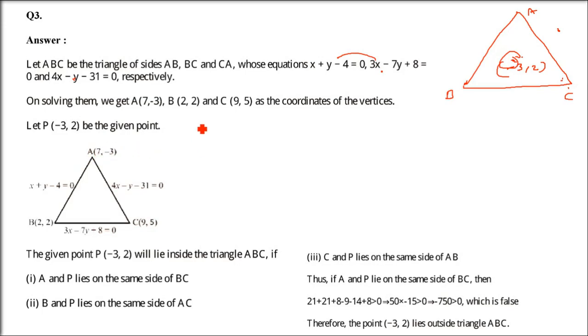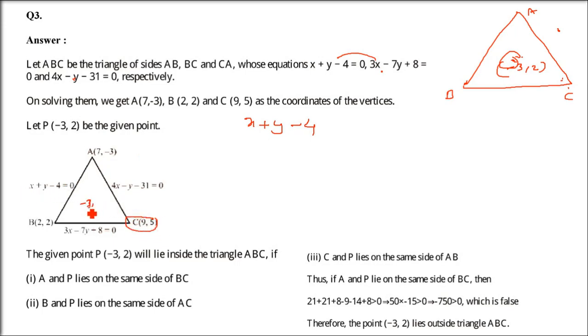So I'm taking, say, line AB, x + y - 4. I'm taking line AB this time. I'm not taking BC this time. Okay, so x + y - 4, and I'm taking C. There is a vertex C here.